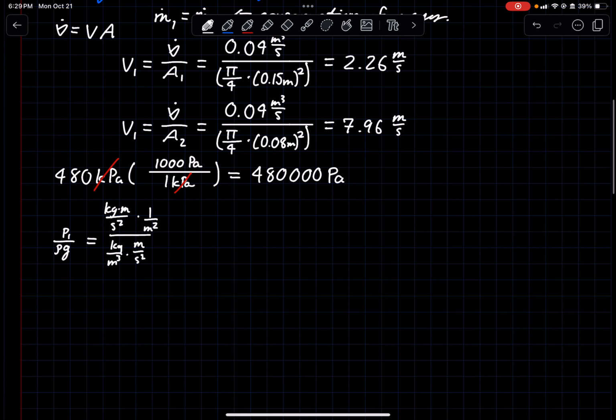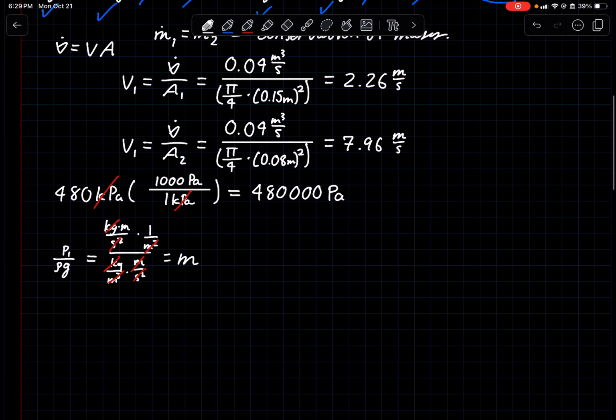This is all, again, just pascals up here. Down here, this is our density. Down here, this is our acceleration. So we can start canceling out things, and we are left with our answer in meters, which will work out really well.